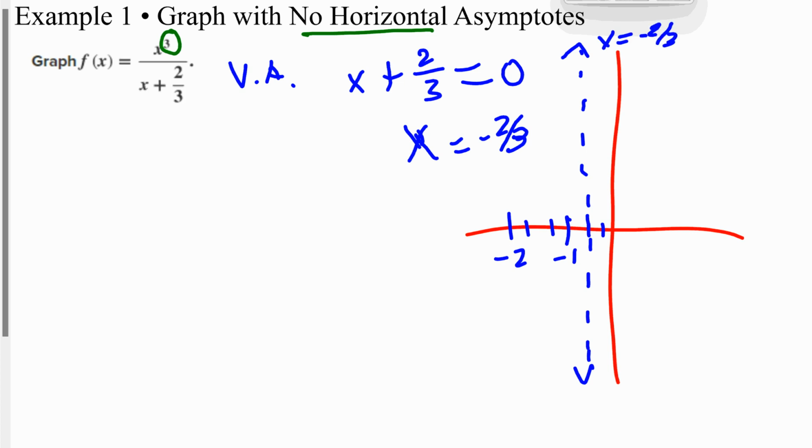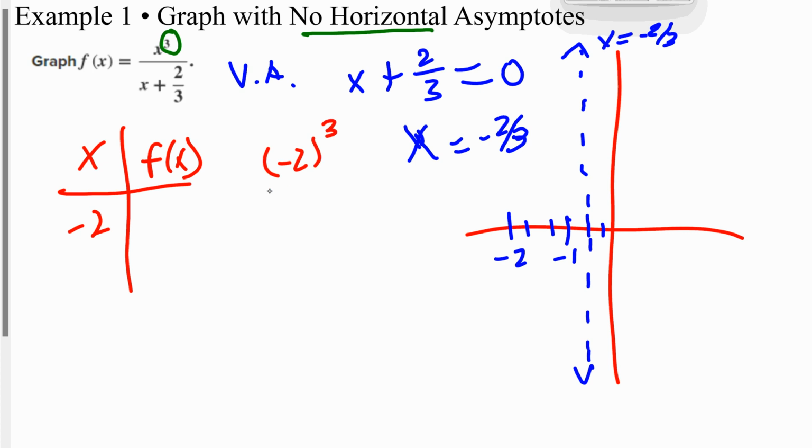Now I want to pick points to the left and to the right, so I could make a table if I don't have a graphing calculator. I plug in negative 2, cube it on top, and take it plus 2/3 on bottom. So negative 2 cubed is negative 8, and negative 2 plus 2/3 is negative 4/3, so flip that and you get 6.